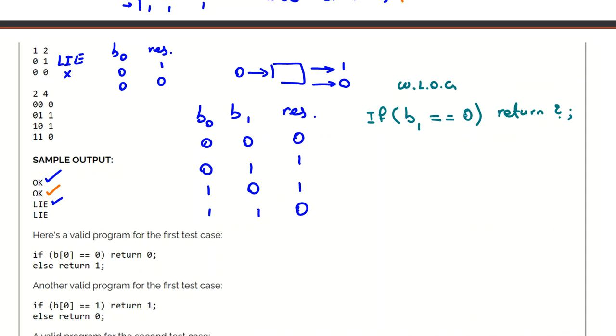If B1 is 1, let's consider this one. Again, we have the same problem, because B1 equal to 1 is related to these two things, so we have both 1 and 0 for results, and we don't know what we should return. So for the first condition, we have a problem. So we proved that this one is a lie.